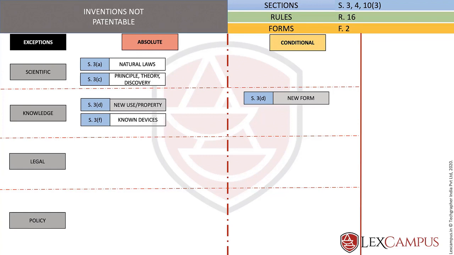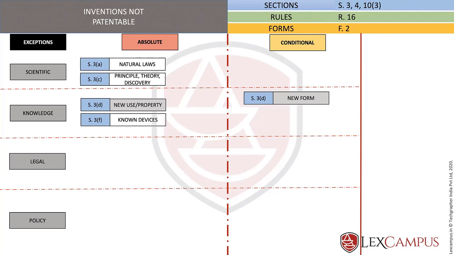So you can demonstrate enhancement of efficacy, and if it is substantial, because the explanation says differ significantly in properties. So if the demonstration of efficacy is substantial, then you get over the hurdle. So understand this. That is why part 1 of section 3D, which deals with new forms of known substances, is a conditional exception and it is not an absolute exception.